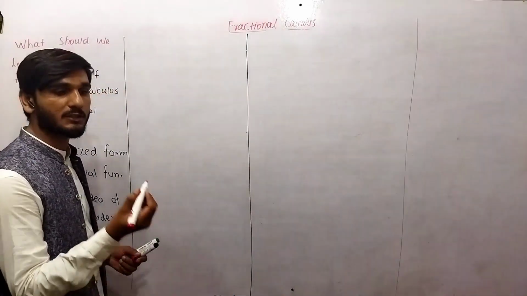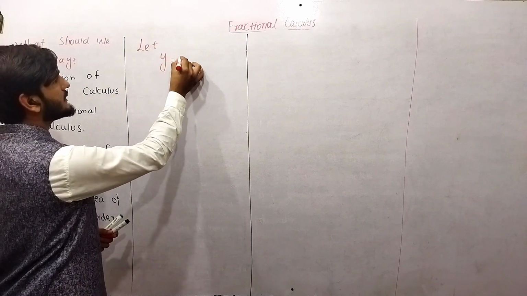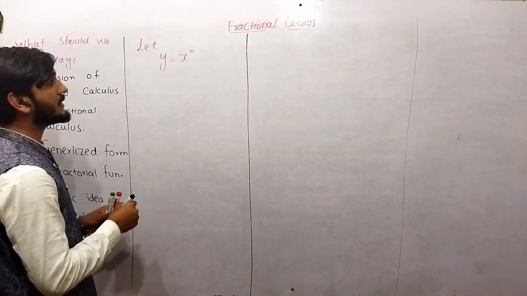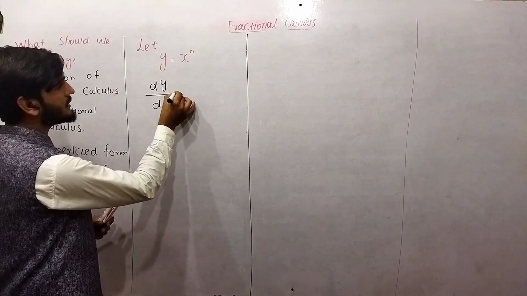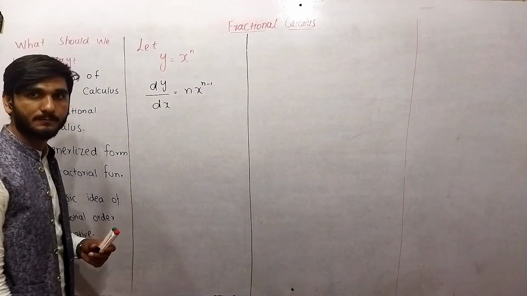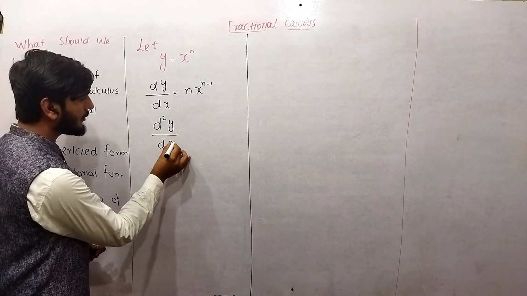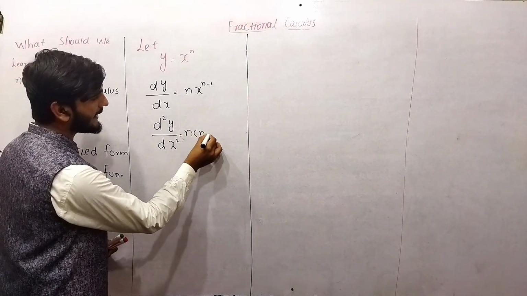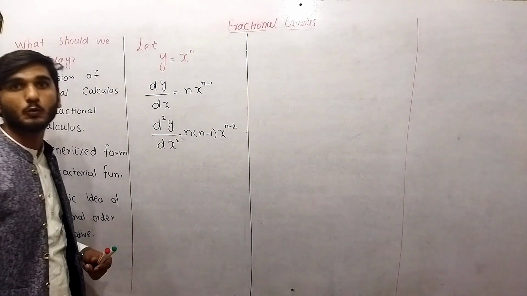Let me have a function. Let y be a function which is x raised to power n. Its first derivative, dy over dx, is equal to n x raised to power n minus 1. If we discuss the second derivative, the second derivative of x raised to power n will be equal to n into n minus 1 into x raised to power n minus 2.